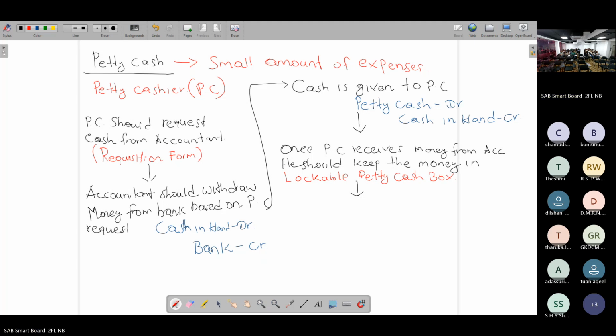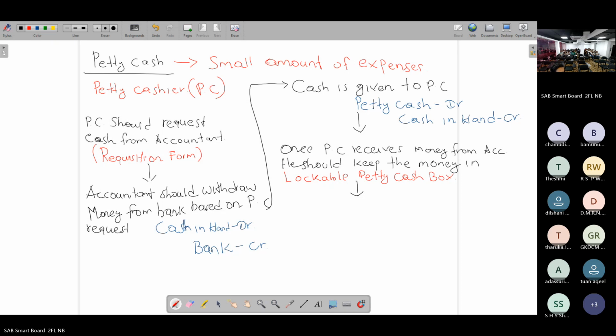Now, the relevant person must request from the petty cashier to take that money. Let's say 500 rupees. If he wants 500 rupees, he should first ask the petty cashier, not verbally. Okay, not verbally.